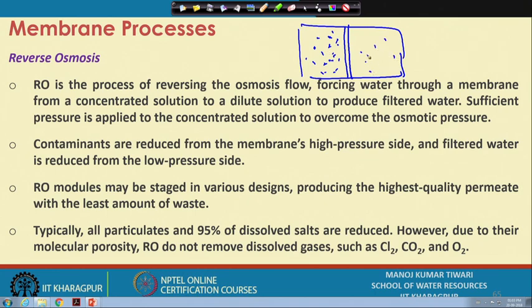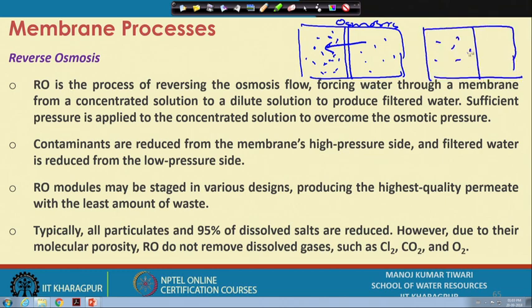Under the normal osmosis process, water will pass through the semi-permeable membrane to the zone of high concentration in order to neutralize the concentration on either side. But in reverse osmosis, this process is reversed under pressure.